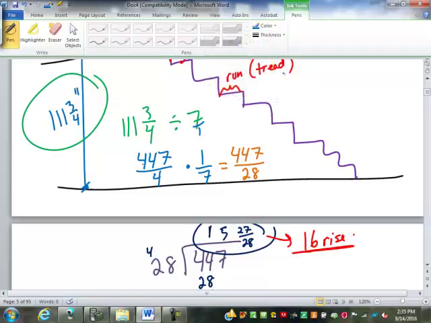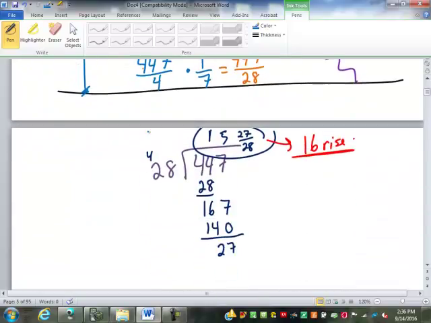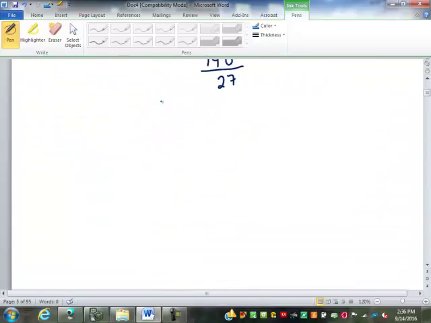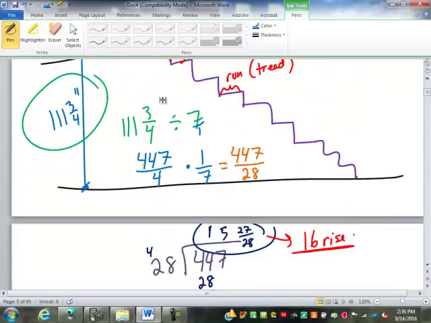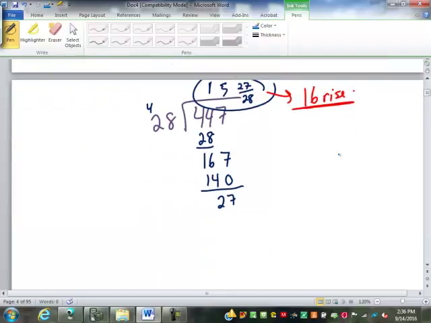So what that means is our 7 inches is not going to be exactly what our rise is. We're going to want to adjust that just a little bit. So we're going to take our 111 3/4, or total height, and divide by 16 to get what the exact height of each rise would be.